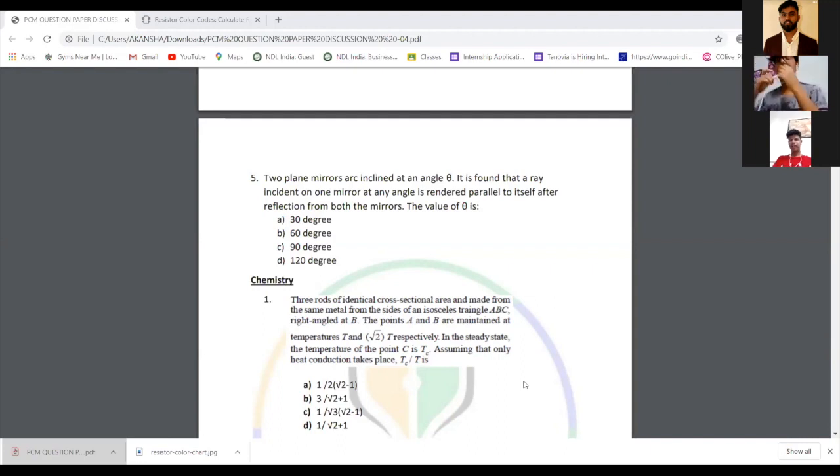What will be the deviation in the ray of light? Deviation as in when it strikes the mirror and then reflects, then what is the total deviation? That is I plus R. What will be the incident angle plus reflected angle? 90 degree and 90 degree.